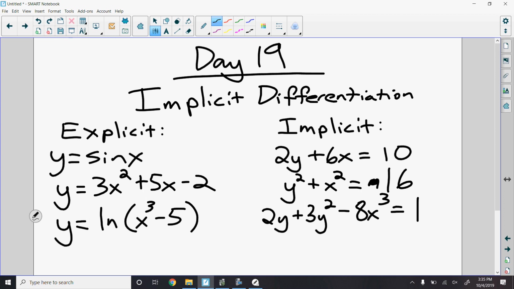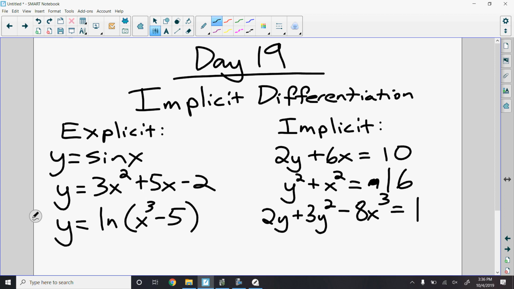Sometimes there are y squared terms, sometimes multiple y's. We might have sine y, cos y, things like that. When we do implicit derivatives, I have a series of steps that I want you to write down and how to solve this.